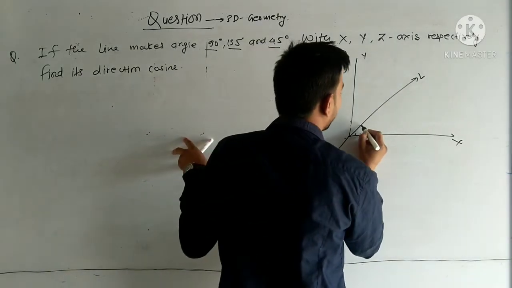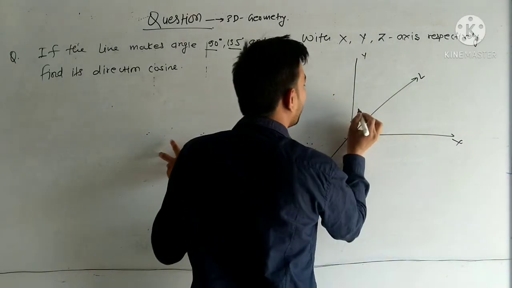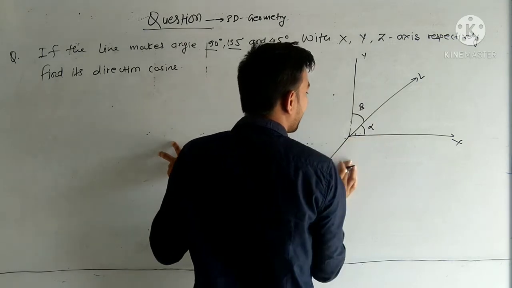The question says the line makes angle alpha with the x axis, angle beta with the y axis, and angle gamma with the z axis.